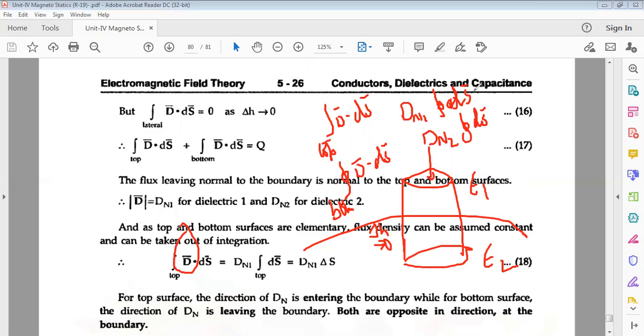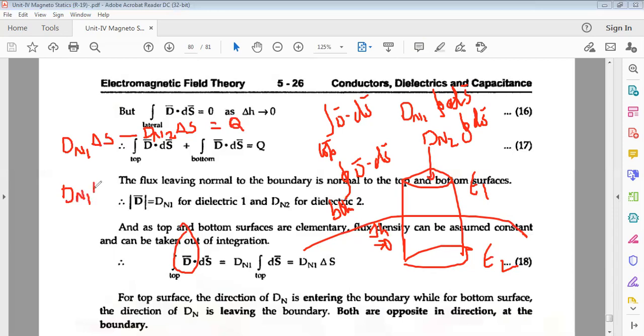What is here? Dn into delta s only, a small incremental value. So Dn1 into delta s. For the top surface, the direction of Dn is entering the boundary, while for the bottom surface, the direction of Dn is leaving. So both are in opposite directions at the boundary, so the minus Dn2 delta s is equal to Q. So what is the Q we have?